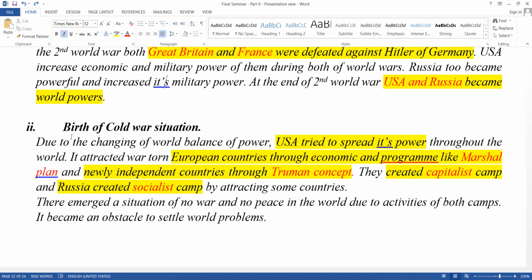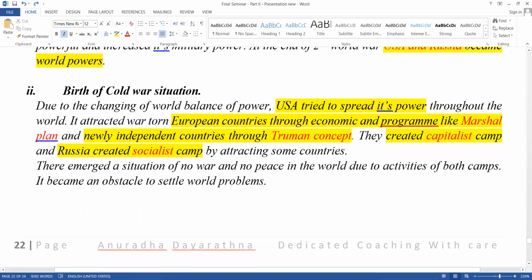The third result is not a destructive, bad or disadvantageous result. It's advantageous. What? The birth of the UNO is another result.